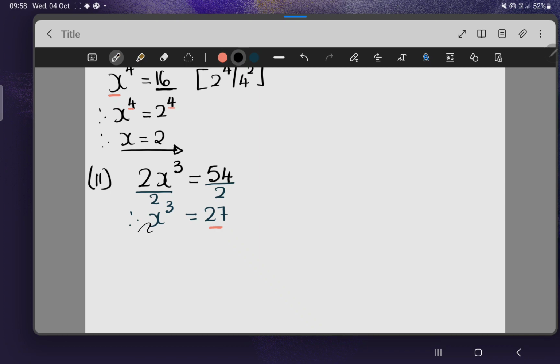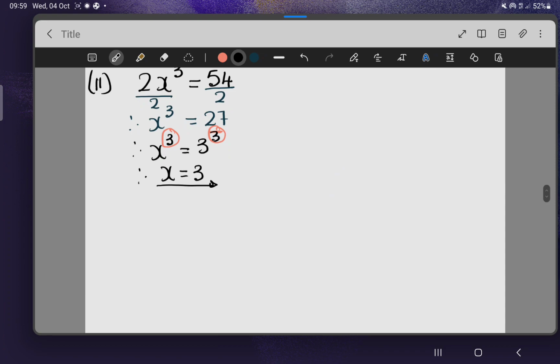How do we change 27? 27 is the same as 3 to the power of 3, so x to the power of 3 is equal to 3 to the power of 3. As usual, the exponents are the same, therefore the answer is the base. Then you are done. So that is basically what we'll be doing here.